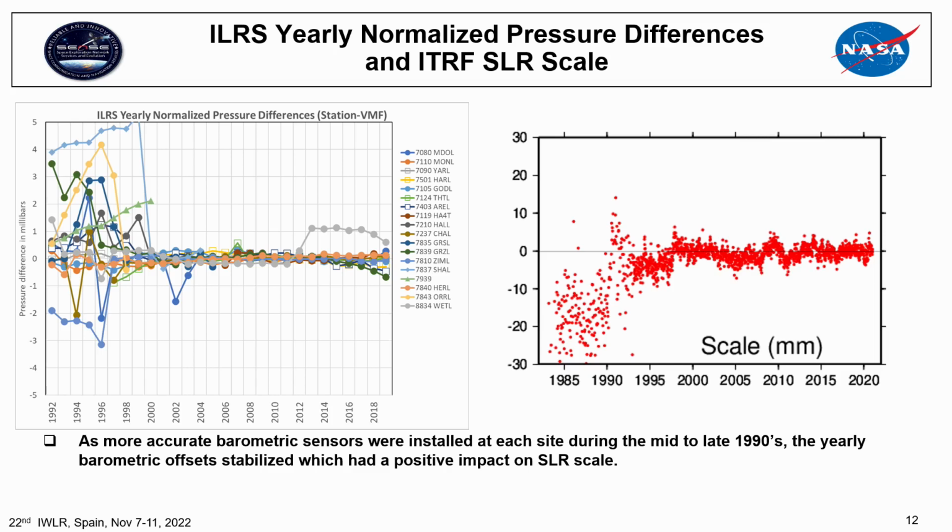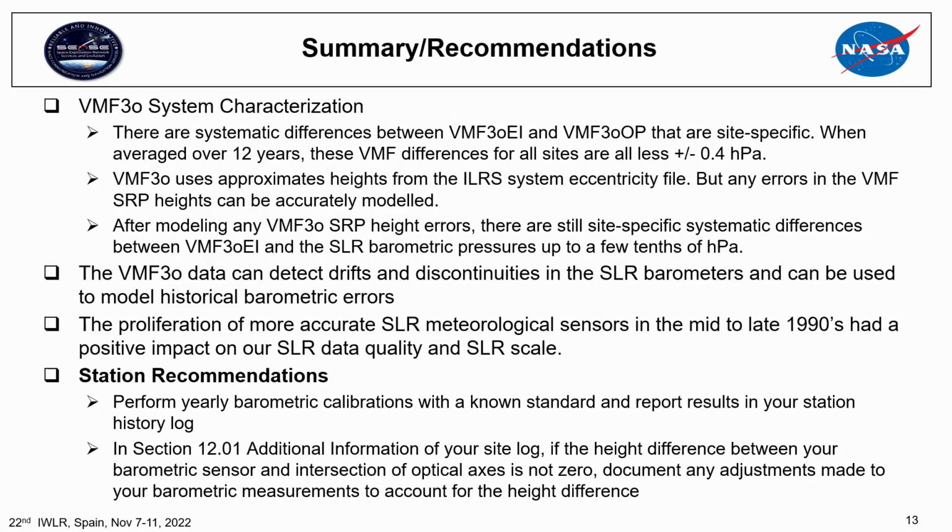Over here on the right is the SLR scale from ITRF 2020. And you can tell over time, as better barometers get installed in the network, it has a positive influence on our scale. So I think barometric errors may have had some influence on why our scale in 1997 seems to be skewed low compared to data after 1997.